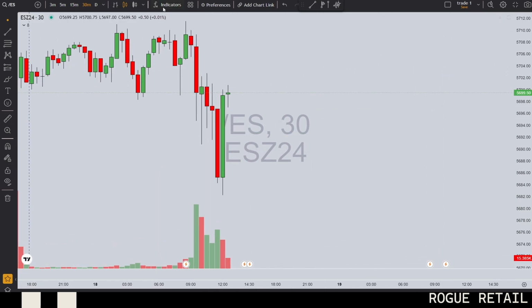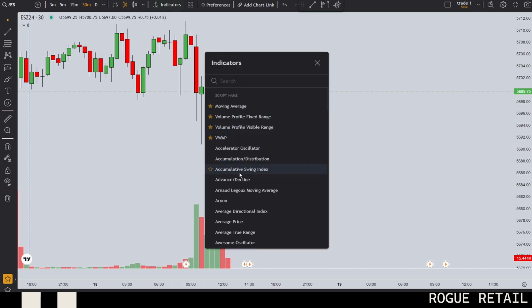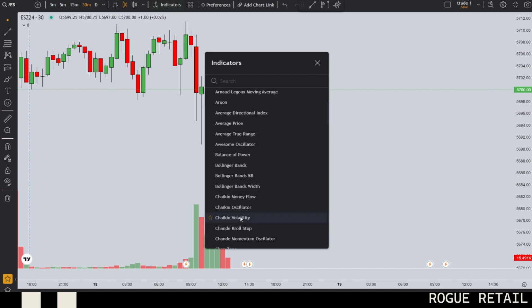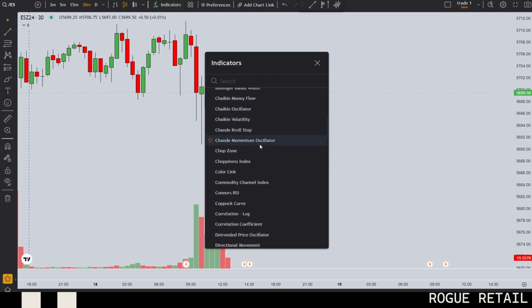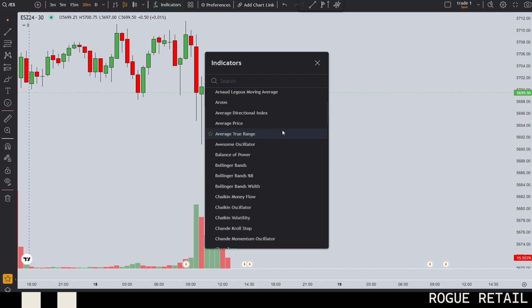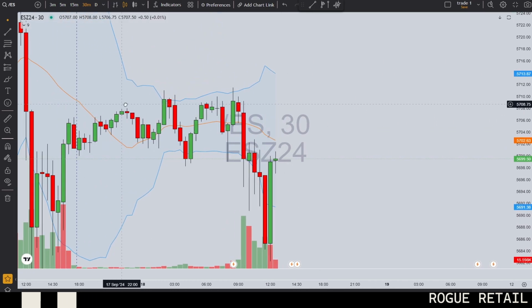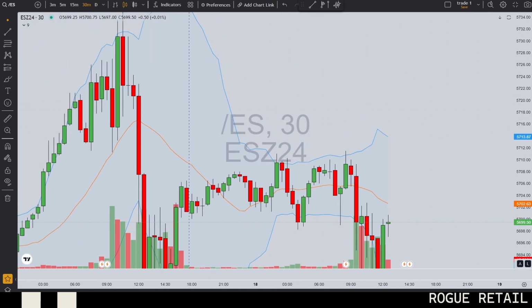As we move right along, the next button will be your indicators. Now, we'll have a whole video based on indicators, but these are all brilliant mathematical, statistical, plottable information that you can overlay on your chart. For example, we could take a look at a classic here, which is our Bollinger Bands. We click on that, and now we have our Bollinger Bands overlaying on our price action.